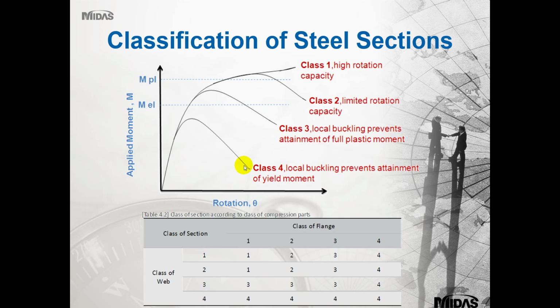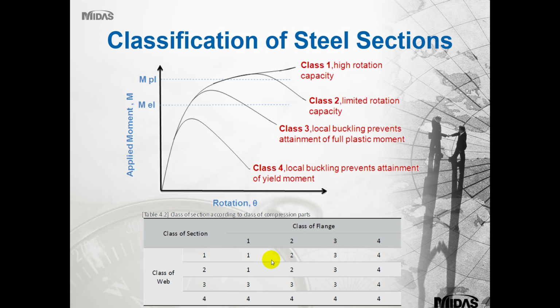This is all from the Eurocode. You will find the table just below, table 5.2, which is the class of sections according to the class of compression parts. As you can see, you have a vertical and horizontal axis of the class of the flange and the class of the web. So what will happen here is based on the selection.